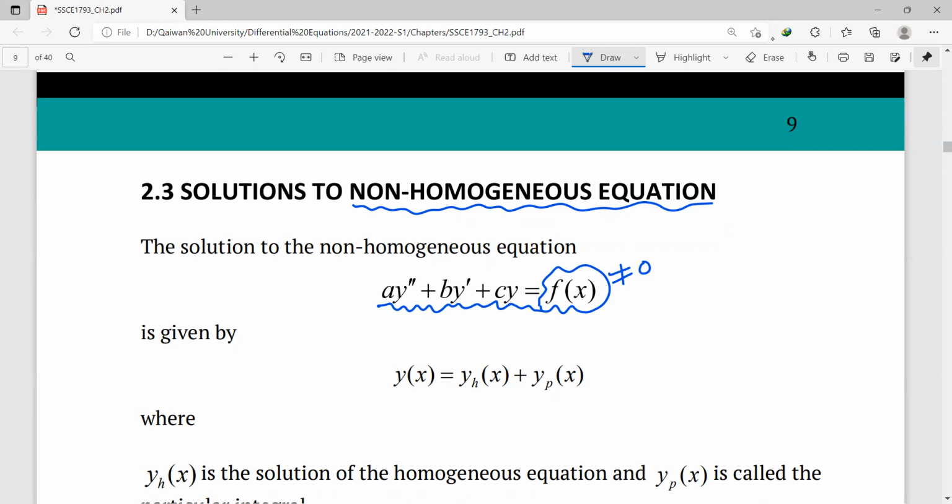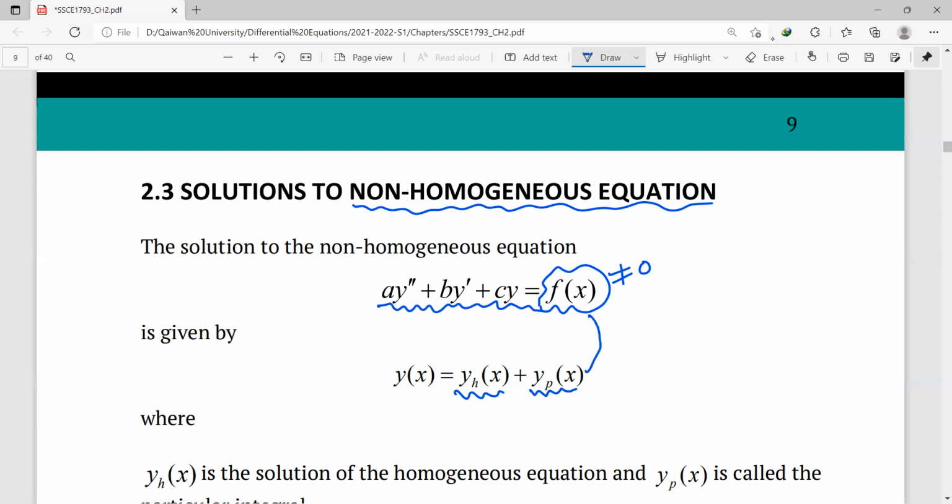Here we have two types of solutions. One depends on the left hand side. We equal the right hand side to 0, and then we do the same as we did before for finding the general solution of the homogeneous equation. That will be the homogeneous solution. Then we find another part of the solution, which is the particular solution, yp of x.